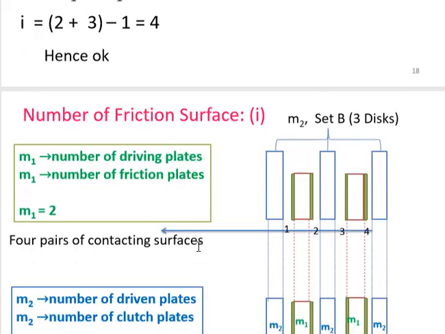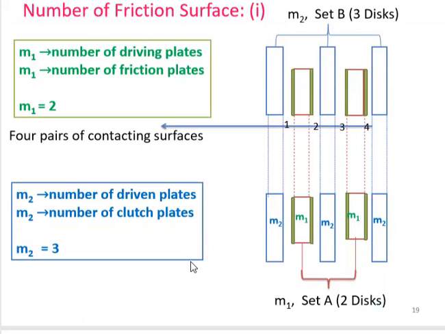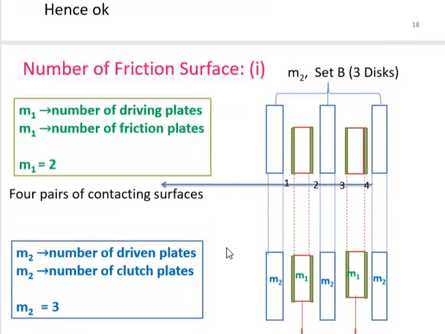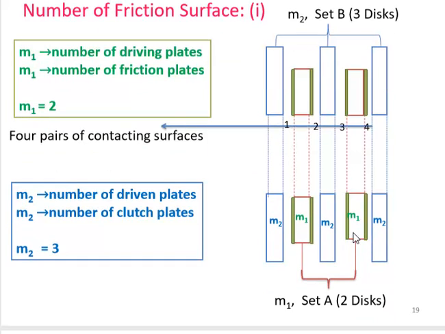Now we'll see the orientation of the number of friction plates. So we can see that the M1 at this particular point and M2 at that particular point, these are called the friction plates. They are also called driving plates, and hence M1 and M2 are written. Each friction plate will have two surfaces.